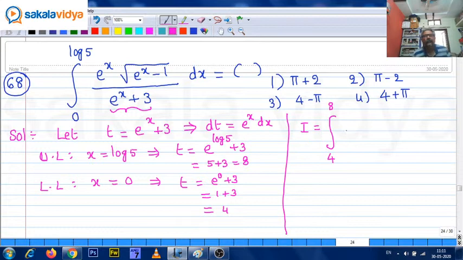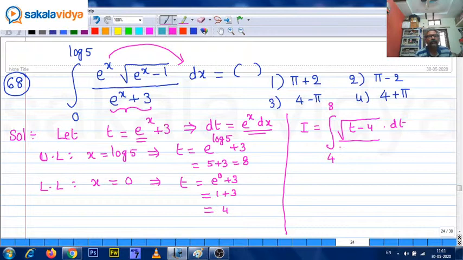So root of e power x equals how much? t minus 3, this becomes root of (t minus 4), and here e power x into dx is dt, upon e power x plus 3, which is equal to t. Then we need to do this one. How to do?